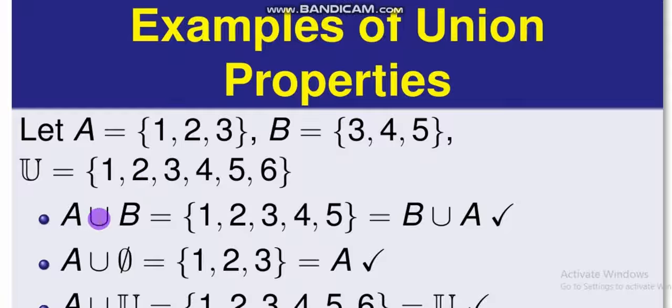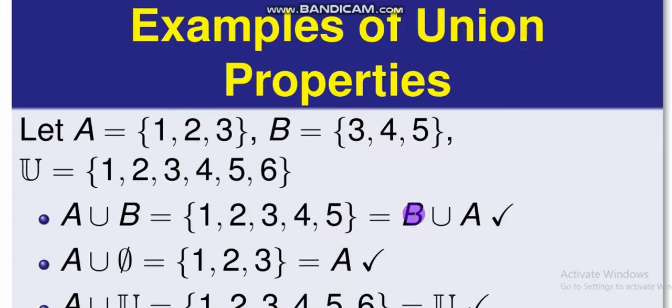Now, if I am uniting A with B, A union B, I am uniting all the elements that I have here, starting with the smallest one. So I bring 1 here, 2, I bring it here. 3, you see 3 appears twice, but I'm going to write only one, and then I have 4, 5.